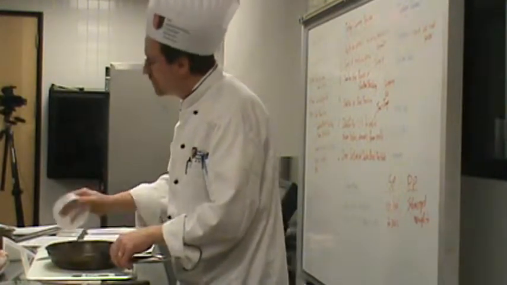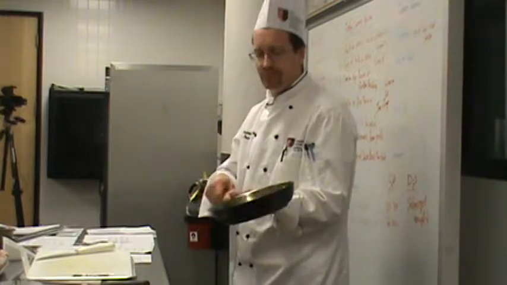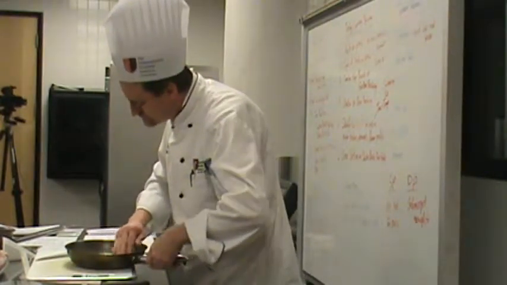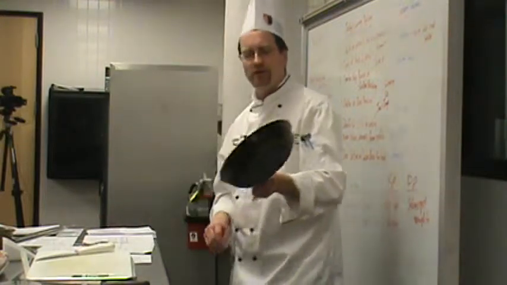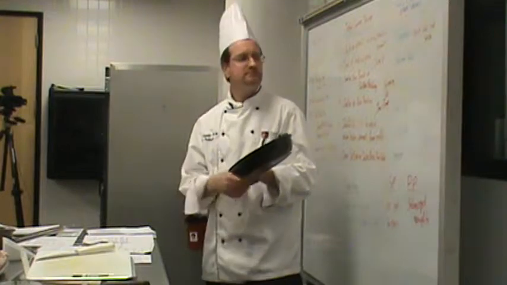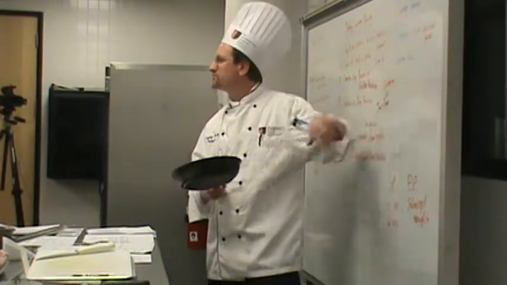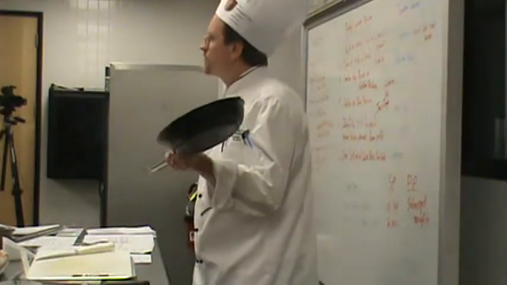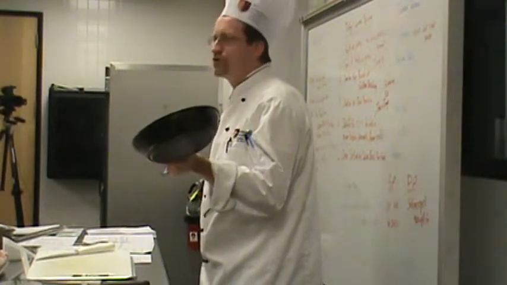You remember, we don't have any heat going on this right now. We're going to spread those out over the bottom of the pan. And what are we making right here in this pan? What is this called? Let's pick one of these vocabulary words. Natural rack. A natural rack, right? So what's the purpose of putting the chicken on here when we're poaching?